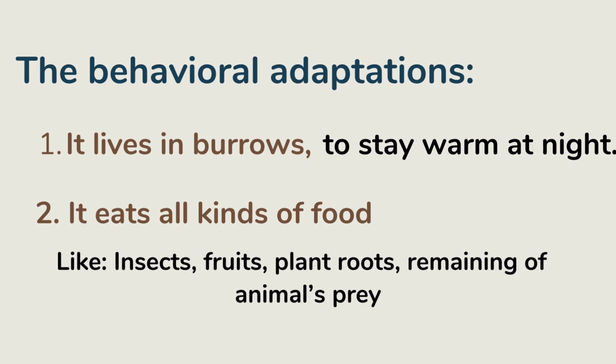Because it lives in a very cold climate, it needs to keep warm, so it lives in burrows to stay warm at night. And also it eats all kinds of food: insects, fruit, plant roots, remains of animals' prey. So these are the two behavioral adaptations of the Arctic fox.